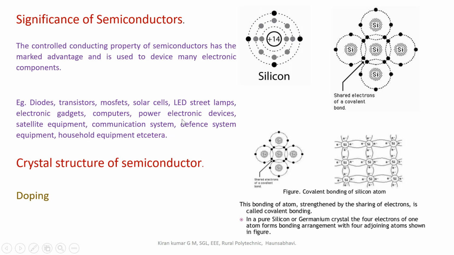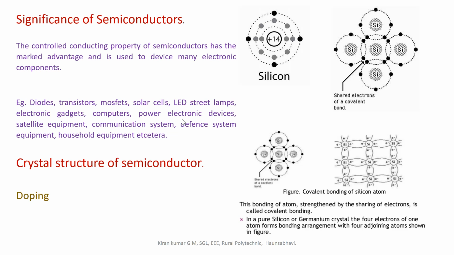Then coming to doping. What do you mean by doping? Before going to doping, when these semiconductors are put at room temperature, the outermost orbit electrons acquire extra energy, leave the parent atom and become free electrons. They jump into the conduction band.